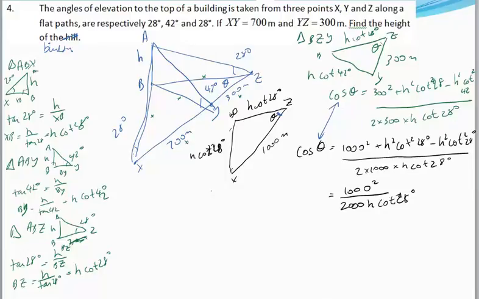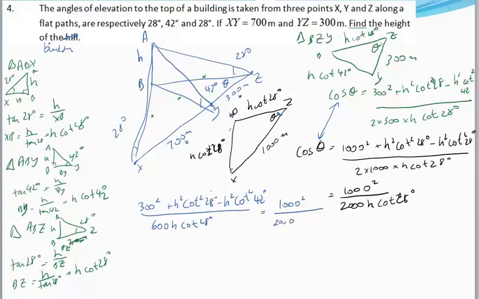We've got 300 squared plus H squared cot squared 28 degrees minus H squared cot squared 42 degrees, divided by 2 times 300, which is 600 H cot 28 degrees, equal to 1000 squared divided by 2000 H cot 28 degrees.